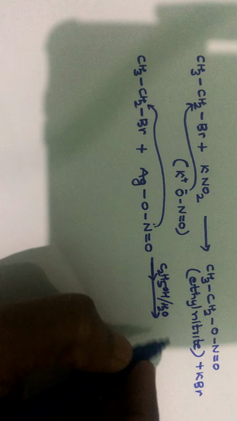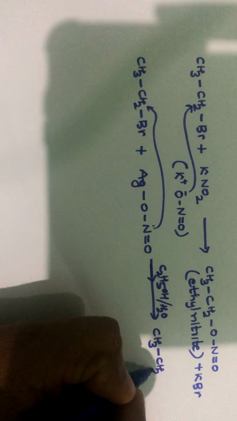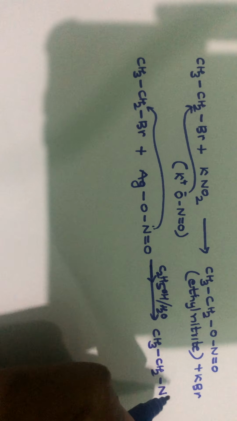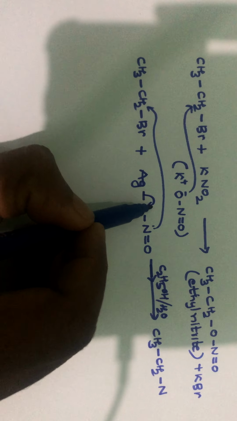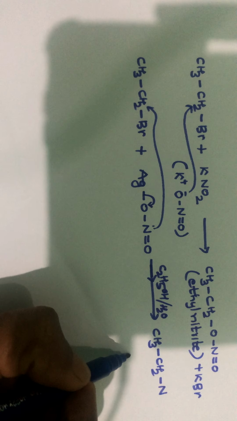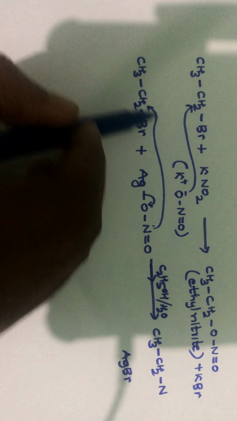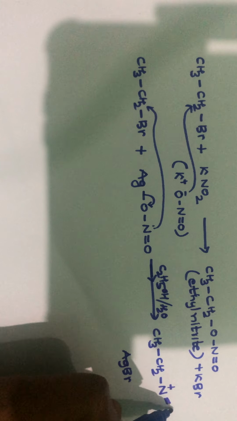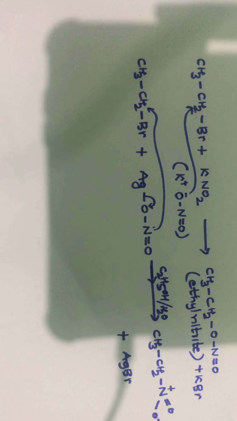Nitrogen attacks, so it results in the formation of CH3CH2N. When a new bond is formed, this goes off. Ag combines with Br to form AgBr. Nitrogen is forming a new bond, hence the nitrogen acquires a positive charge. This is what I get.